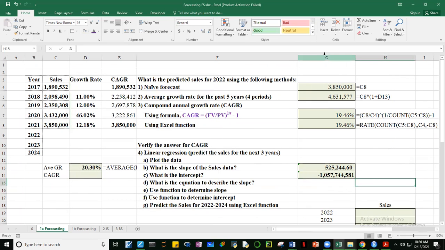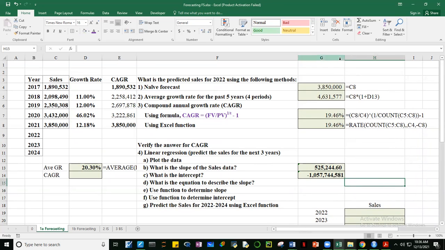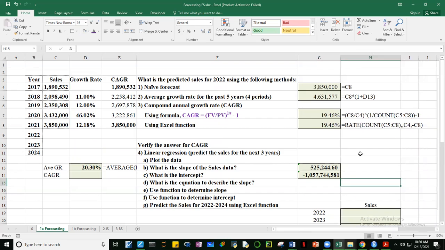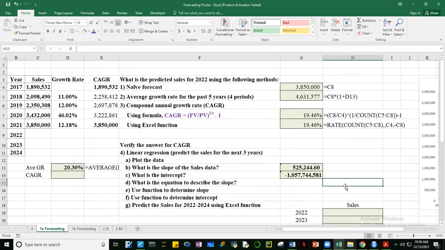Decimal place. Okay, so that's our intercept. So ano yung equation natin, guys? What's the equation? Y sales.